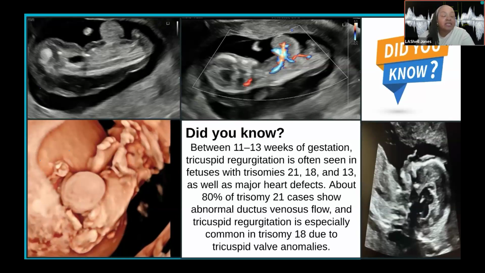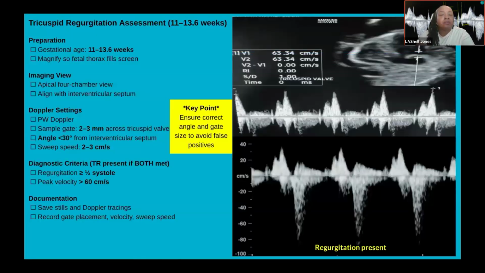That's whether it's absent or if it's reversed. And then the tricuspid regurgitation is especially common in trisomy 18, and that's due to the tricuspid valve issues. Okay, so let's take a look at how to assess for these markers in the first trimester.